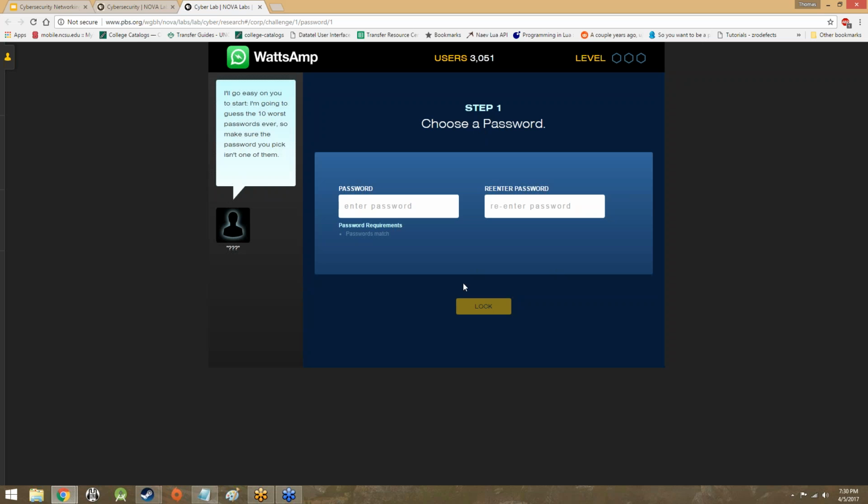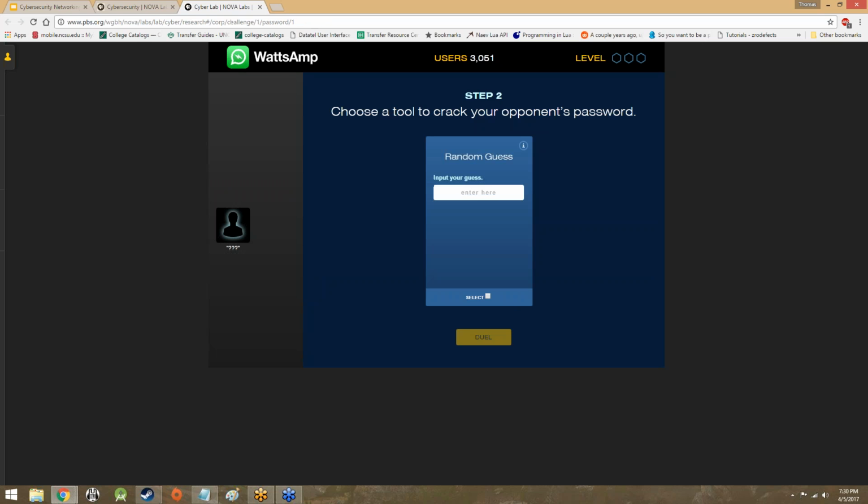There's a password cracking mode. And again, it's just to make sure that you understand password security, so you can always enter a good password.